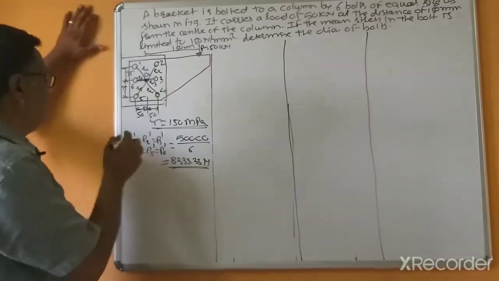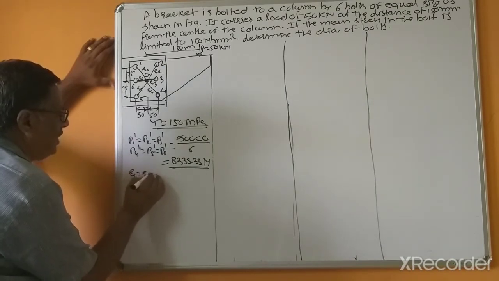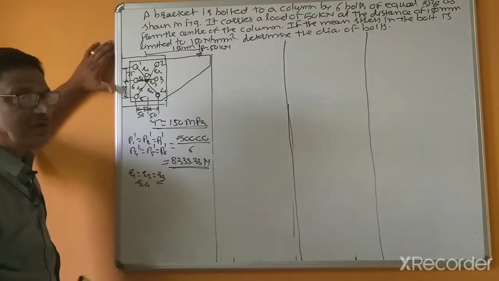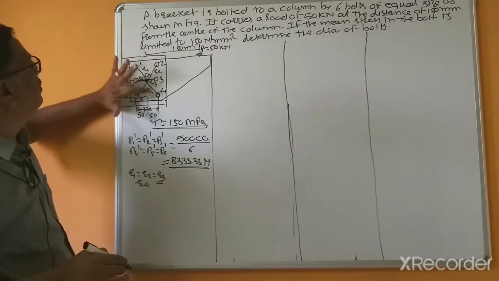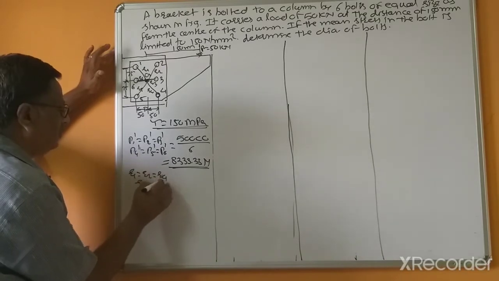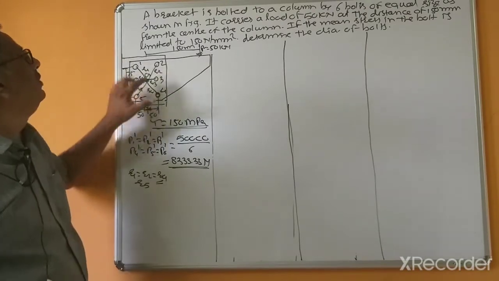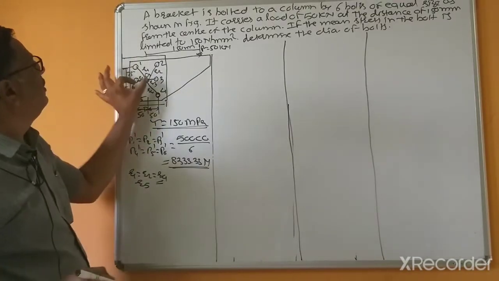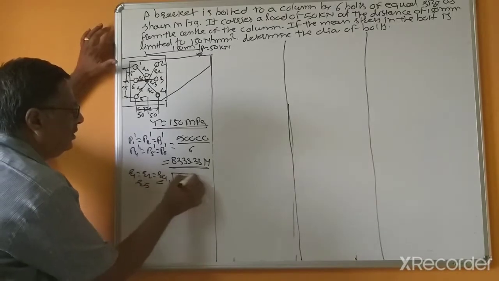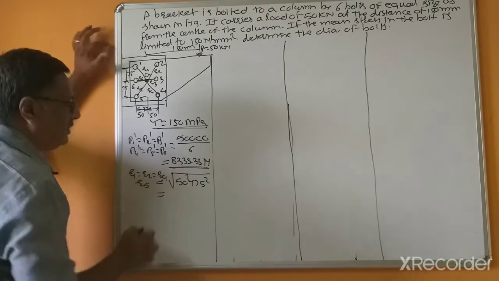Now this R1 equal to R2 equal to R4, sorry, this is not R3, this is R4, and this is R5 equal to, because this distance is the 50 and this is 75, so that's why 50 square plus 75 square.